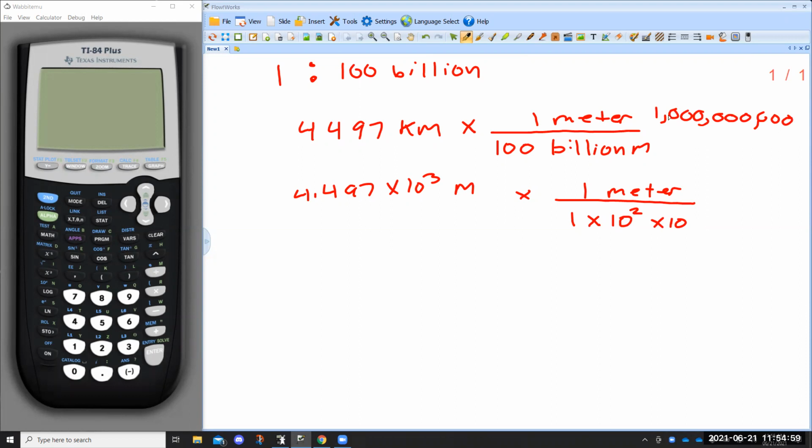So this is going to be 1 times 10 to the 9th to get a billion, right? So this is going to be 4.497 times 10 to the 3 minus 11 meters.